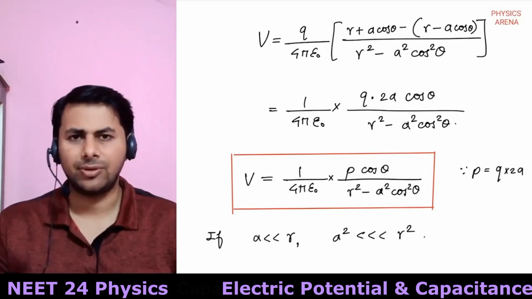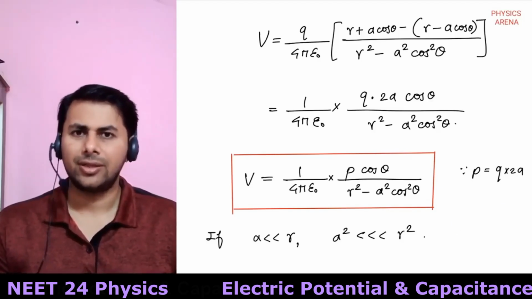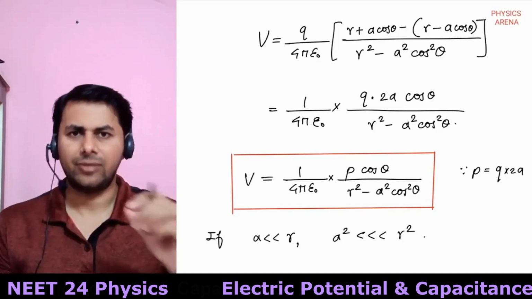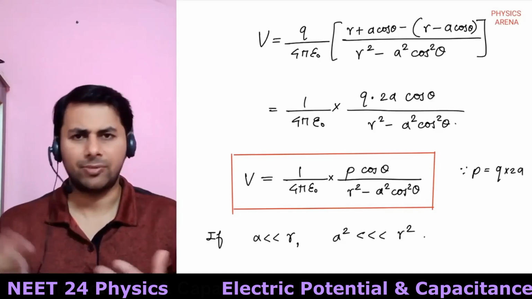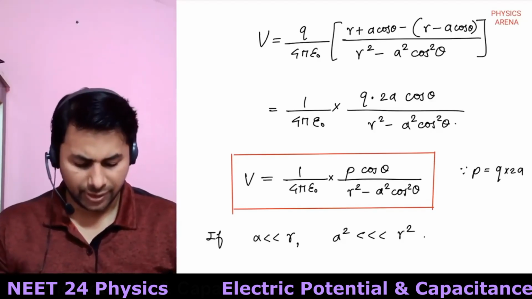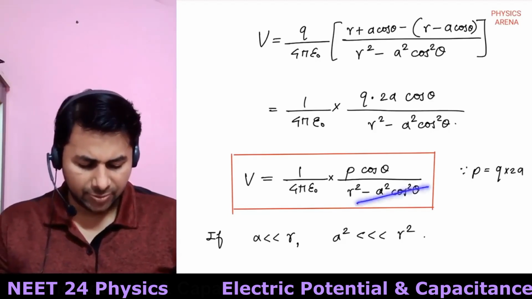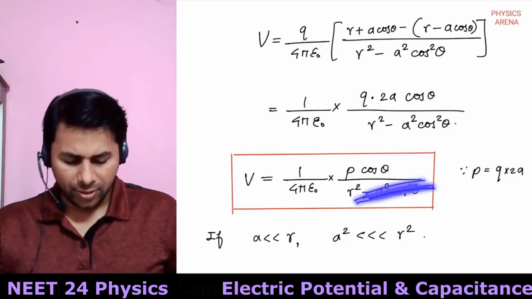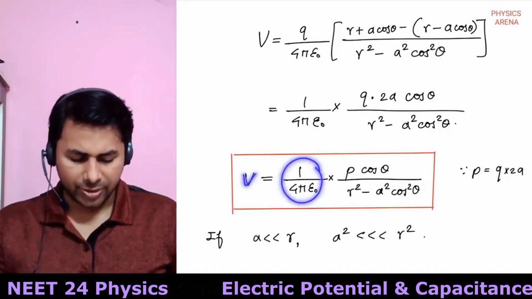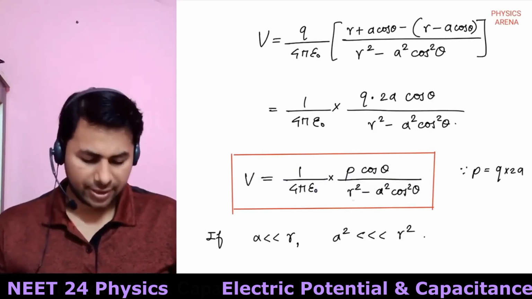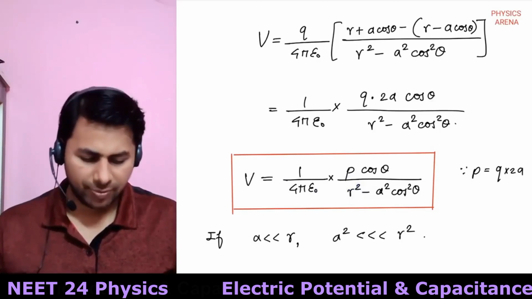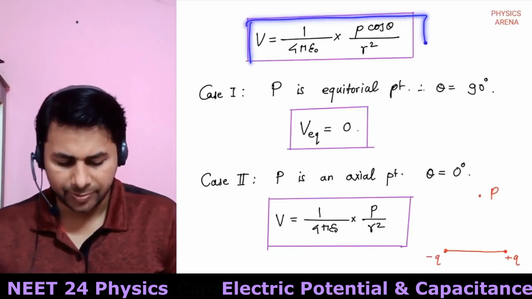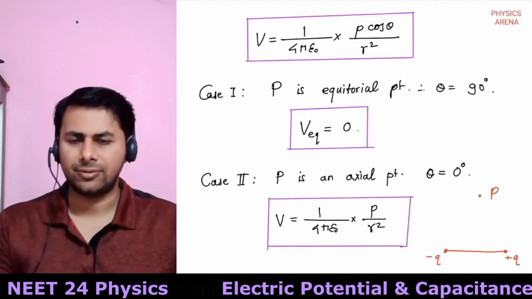That means the length of the dipole is very small compared to the distance of the point P from the center of the dipole. Okay, so when a is very small, this thing we can neglect. So the potential will be 1 upon 4 pi epsilon naught multiplied by p cos theta upon r square. This simple formula you have to remember. Is this thing clear? Yes, no?